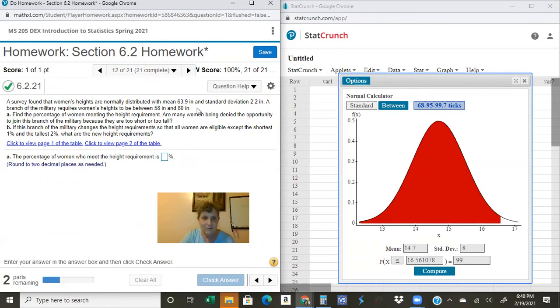Don't think that's going to be a problem. 58 inches is 4'10". So find the percentage of women meeting the height requirement. Are many women being denied the opportunity to join this branch of the military because they are too short or too tall? So let's see what percentage of women are going to fall between 58 inches and 80 inches.